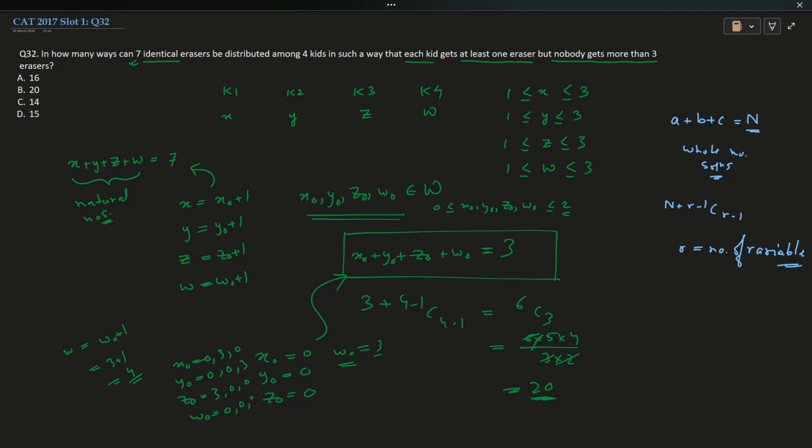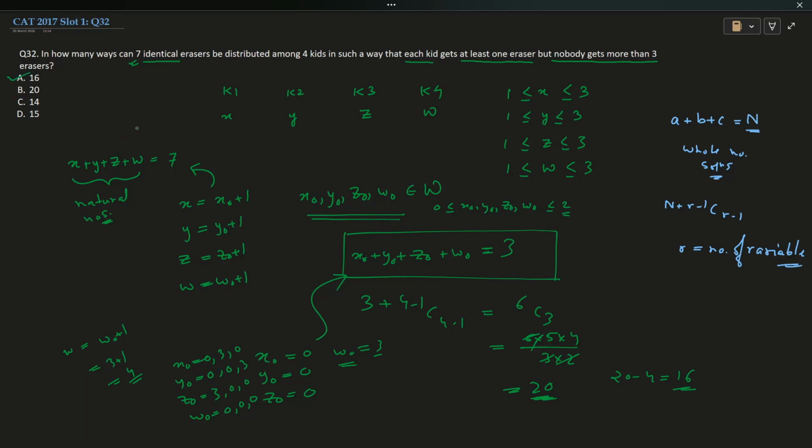So I have to subtract these 4 solutions from this 20. 20 minus 4, 16. That means there are 16 ways by which I can distribute 7 identical erasers among 4 children such that each child gets at least one eraser but less than 4 erasers. So the correct answer will be option A.